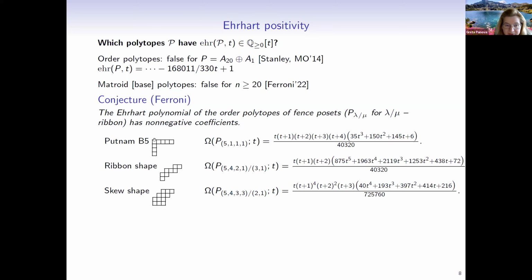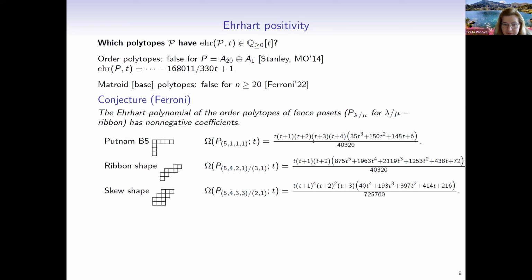You can imagine that this is a z here, and you're putting the weakly decreasing numbers here and here. The order polynomial you can compute has positive coefficients already. So if you do the Ehrhart polynomial, it's like substituting t plus 1, and it becomes even more positive.